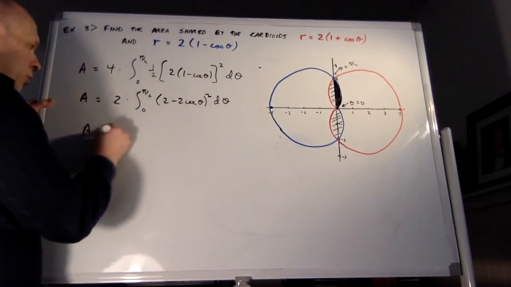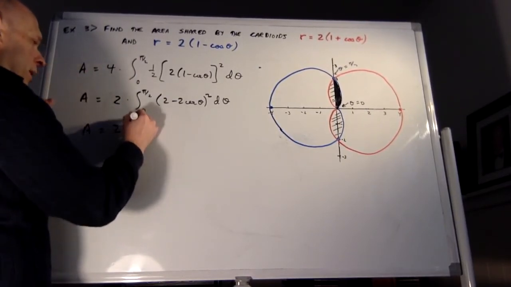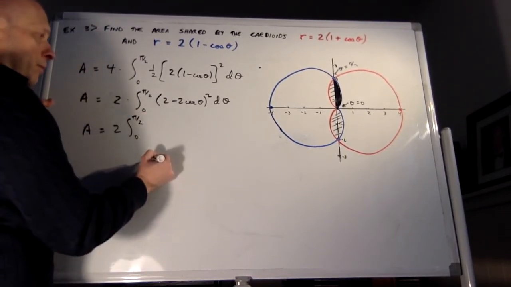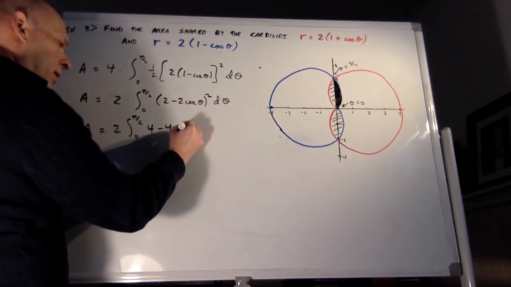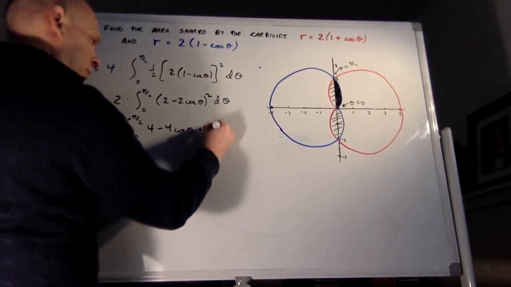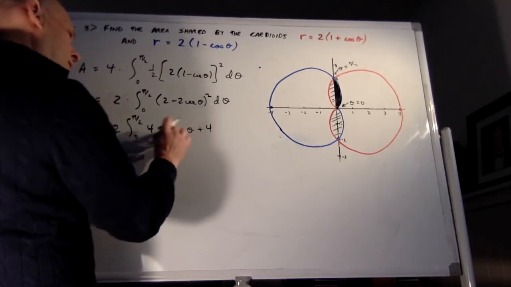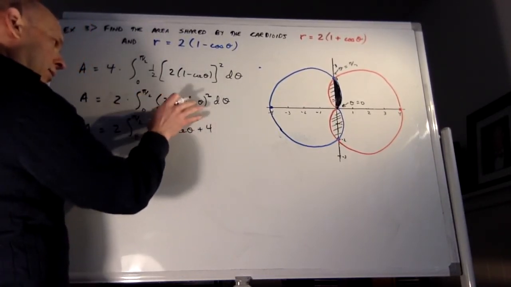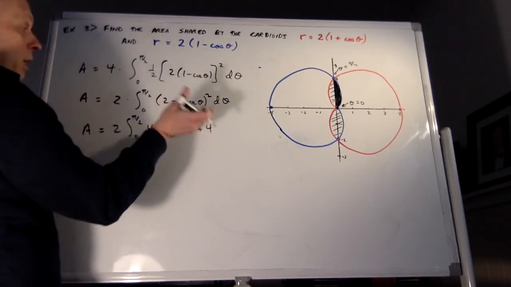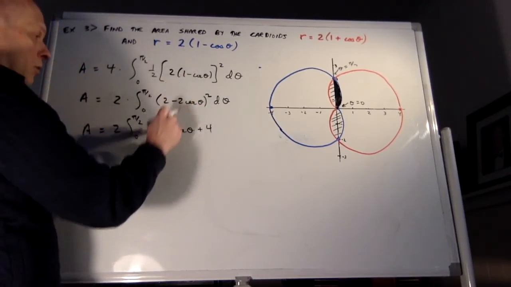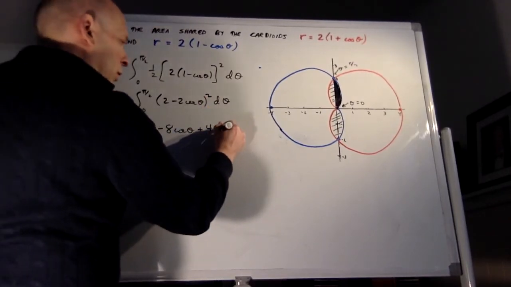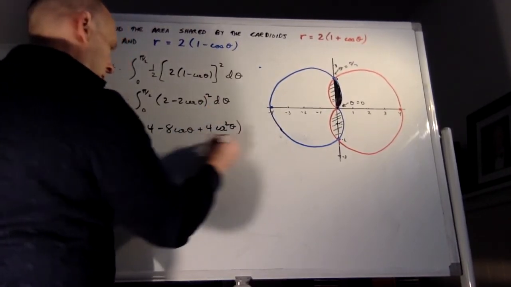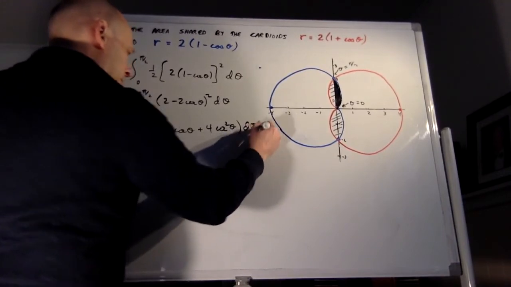Expanding this now, so 4 minus 4 cosine theta plus 4, did I do that right? Let's see, I don't think I did it right. 2 times 2 times the cosine, that's minus 8, right? So this is minus 8 cosine theta, and then plus 4 cosine squared theta, d theta.